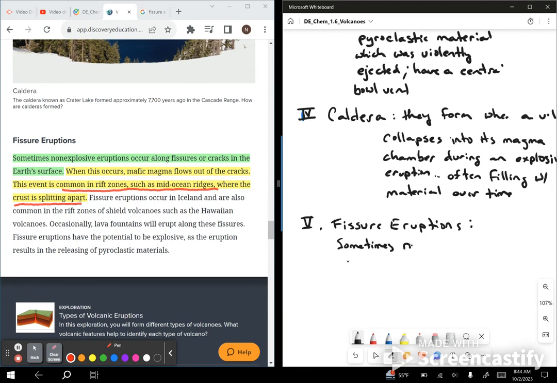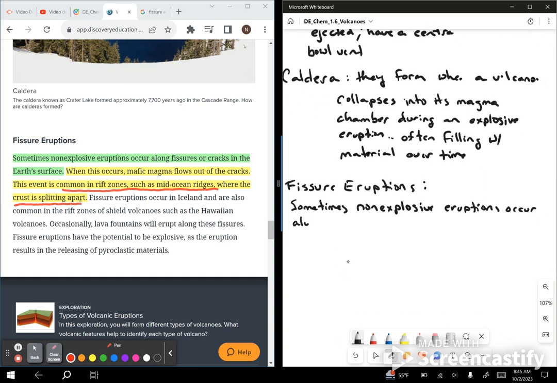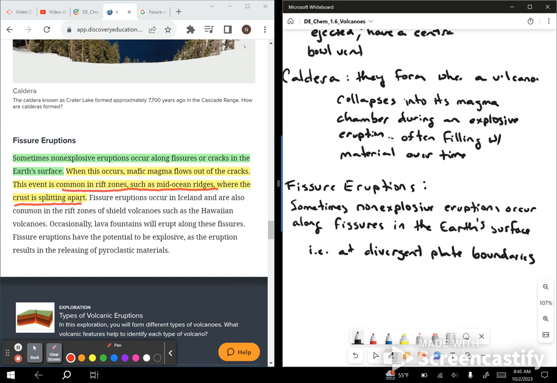Sometimes non-explosive eruptions occur along fissures in the Earth's surface, i.e., at divergent plate boundaries, which are spreading apart, right? Such as rift zones.